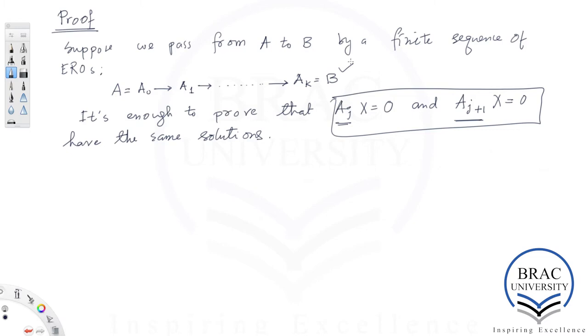So it is sufficient to prove this case for a single elementary row operation. For this we suppose that B is obtained from A by a single ERO.